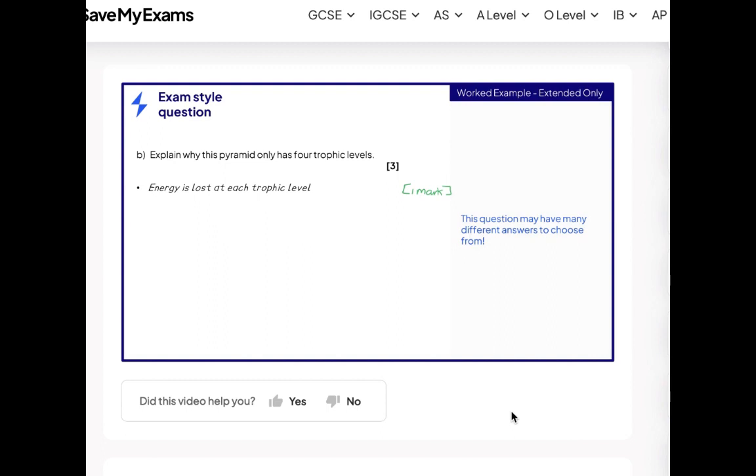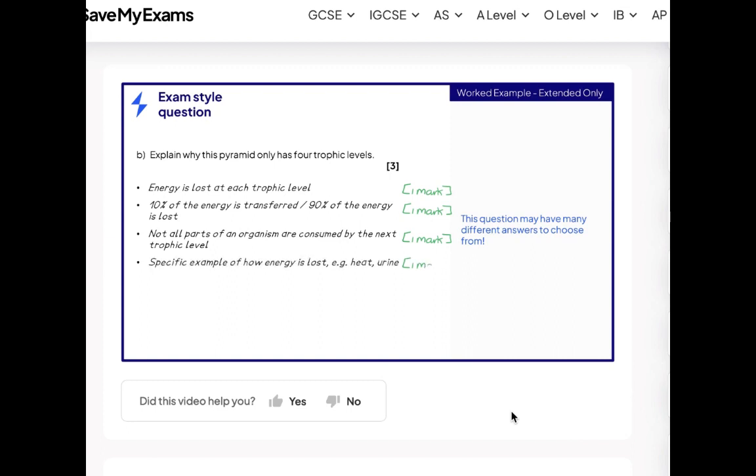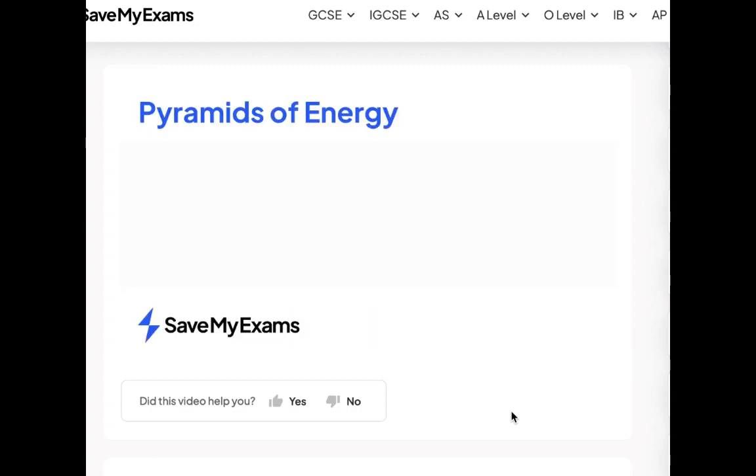You could be more specific here and mention that only 10% of the energy is transferred to the next trophic level, or that 90% of the energy is lost, which would be worth a mark. You could explain how energy is lost. For example, not all parts of an organism are consumed by the next trophic level, and energy is lost in the form of heat or in waste products like urine. This means that there is not enough energy available at the 4th trophic level to support another one.